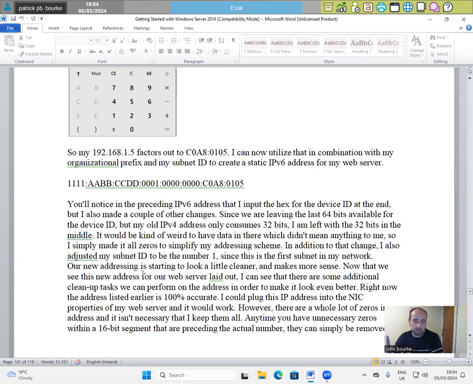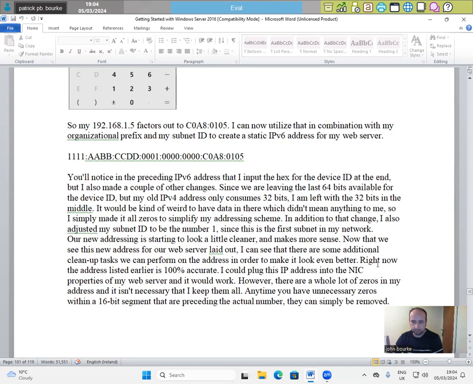Our new addressing is starting to look a little cleaner and makes more sense now that we see this new address for our web server laid out. I can see that there are some additional cleanup tasks we can perform on the address in order to make it look even better. Right now, the address is 100% accurate. I could plug this IP address into the NIC properties of my web server and it would work.